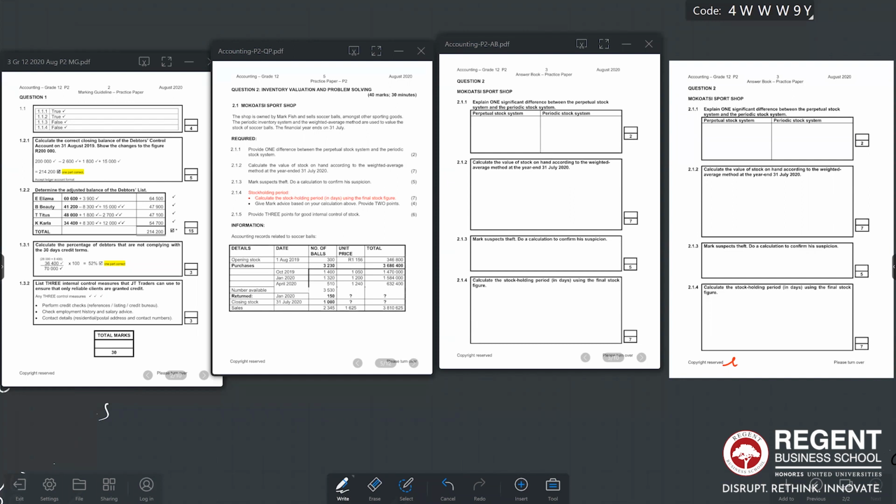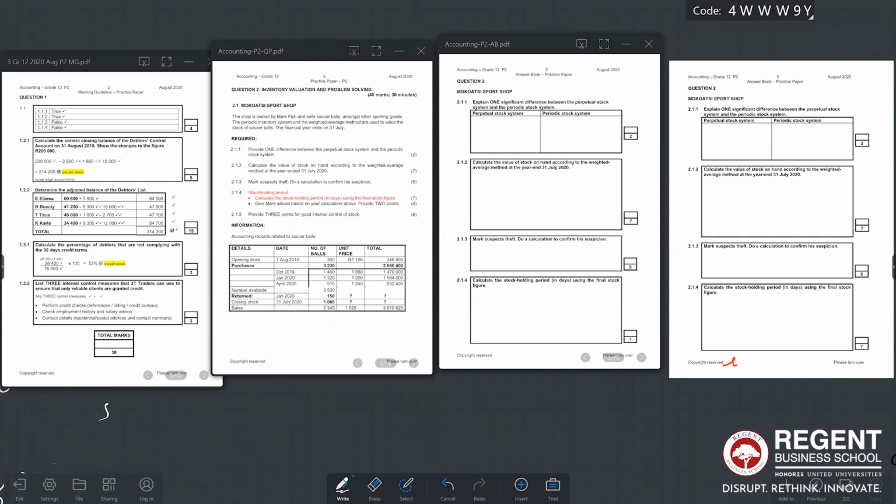Then you look at the total cost. To work out the average price, take the total cost and divide it by the number of units, and it will give you the average price of 1.